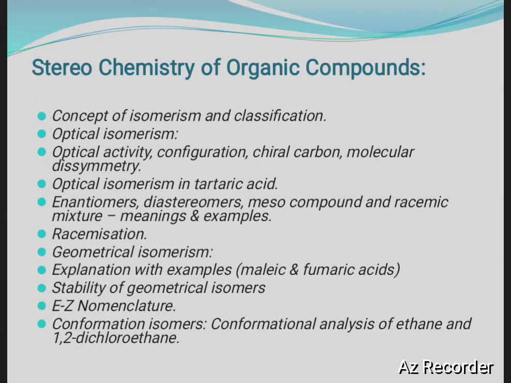By the end of this unit, we came to know the concept of isomerism and their classification, optical isomerism, optical activity, configuration, chiral carbon and molecular dissymmetry, optical isomerism in tartaric acid, enantiomers, diastereomers, meso compounds and racemic mixtures, racemization process, geometrical isomerism, stability of the geometrical isomers, E-Z nomenclature, and finally conformational isomers.